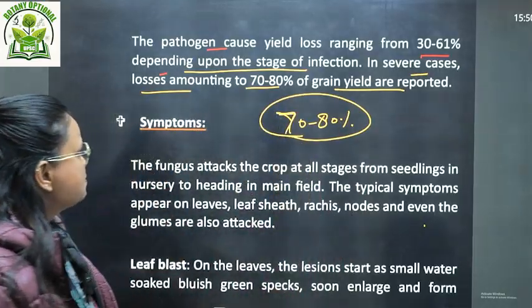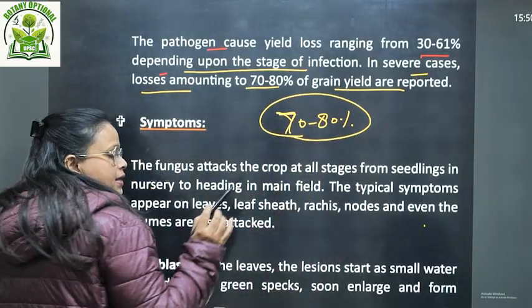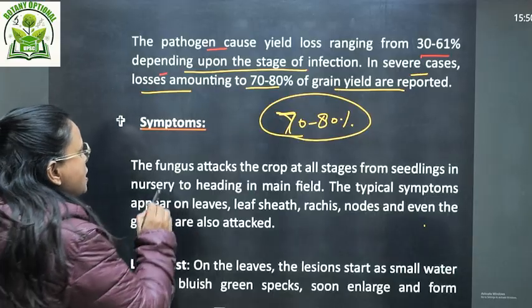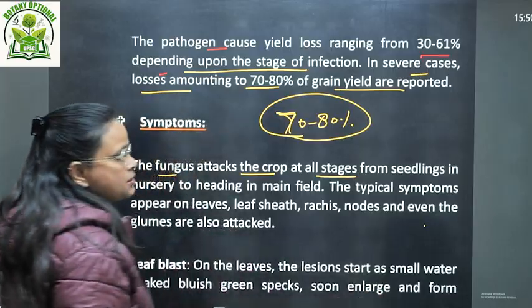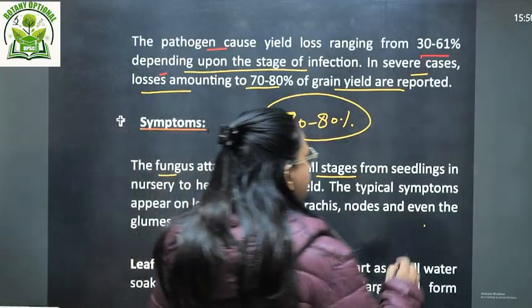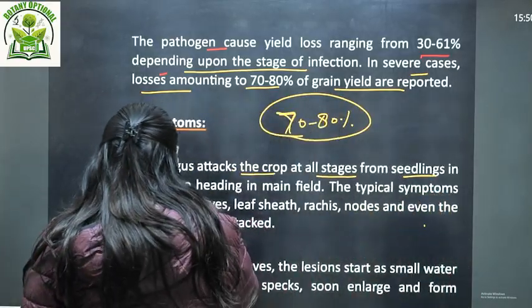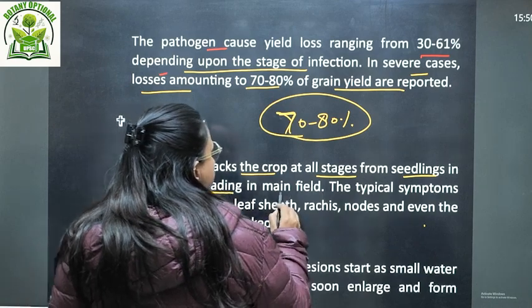Symptoms, if we see, this is a fungal disease. The fungus attacks the crop at all stages, from seedlings in the nursery to heading in the main field.